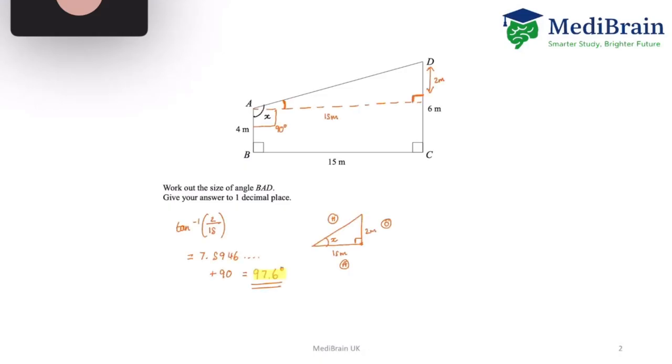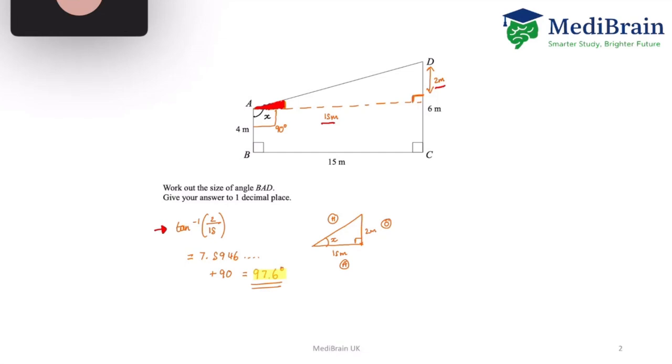So here's the answer, and here's my working out as well. Over here, as I said, we've got 2 meters, 15 meters, and to work out the angle of this angle over here, you have to use tan, as you can see, inverse tan of 2 over 15.